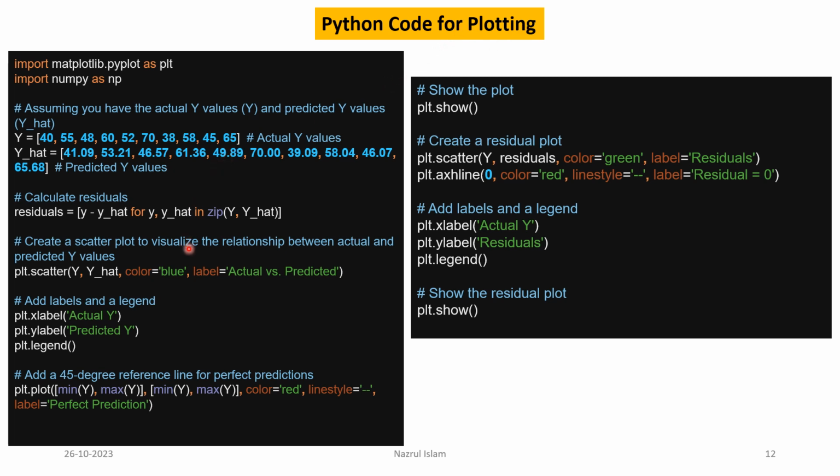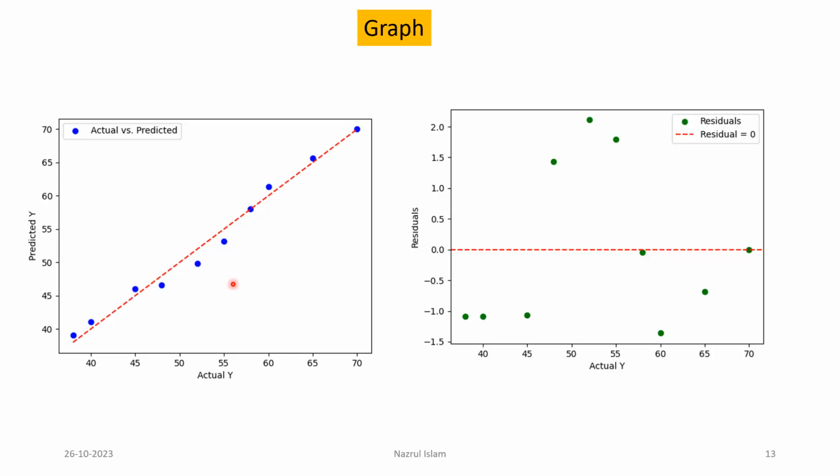If you want to plot the predicted y against actual y as well as the predicted y and residual, you will get it by using this code. This yields the result of graph of actual y against predicted y, and this is actual y and residuals.